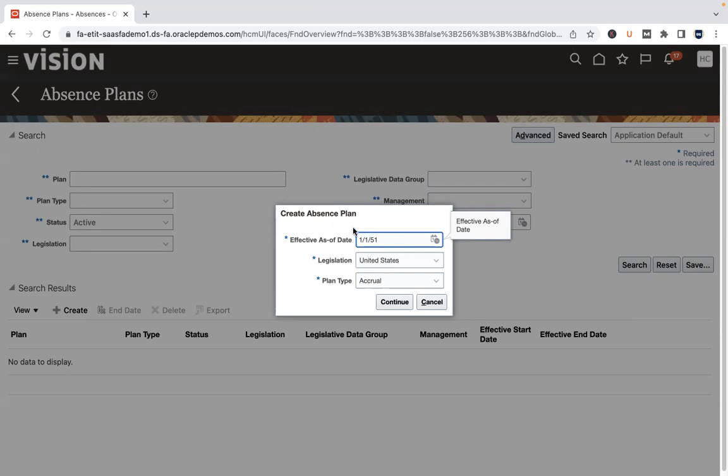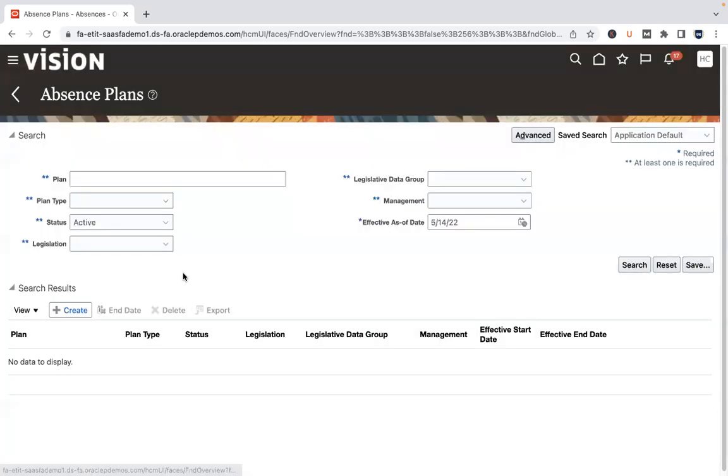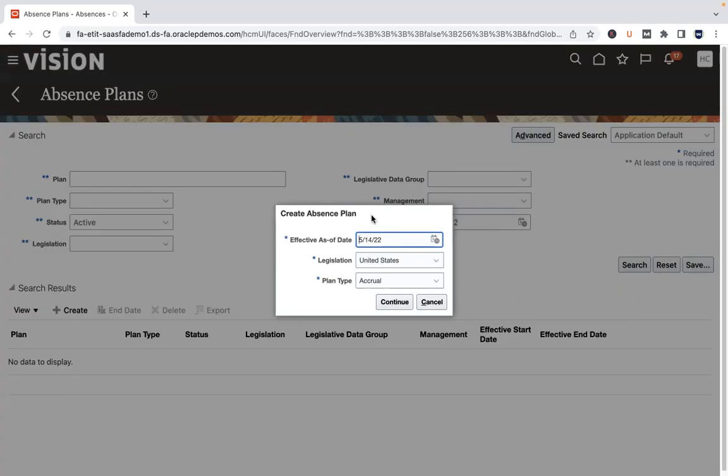It basically determines effective start date for absence plan. Okay, but what we don't typically do is leave it with an effective start date of today, because what usually happens is during go live, you might also bring in at least a current year or the previous year absence records of the employees into the system.